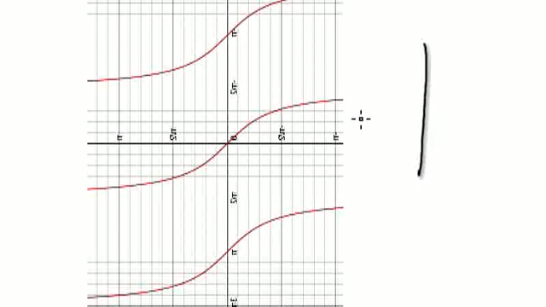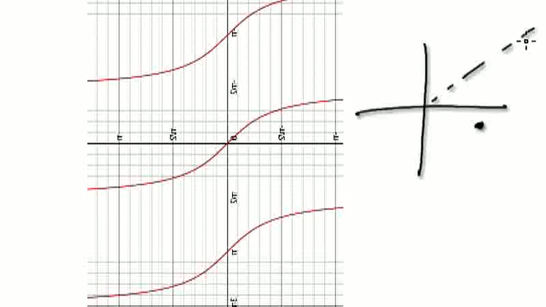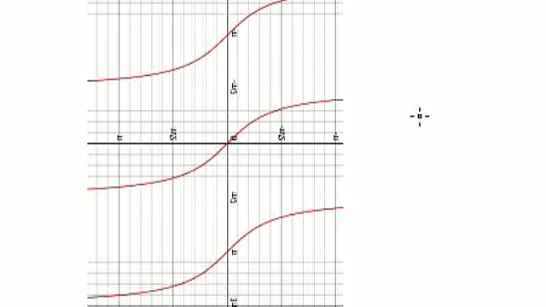Suppose you have a point down here. If you reflect it along this line, it should get to here. That's the same thing as flipping it vertically and then rotating it 90 degrees. So it's essentially the same thing.